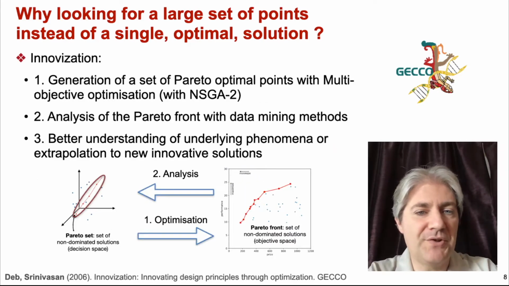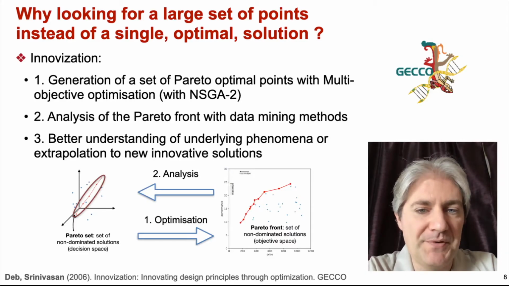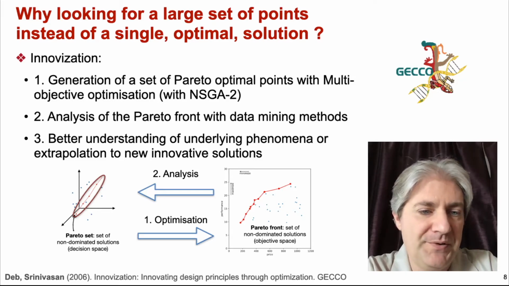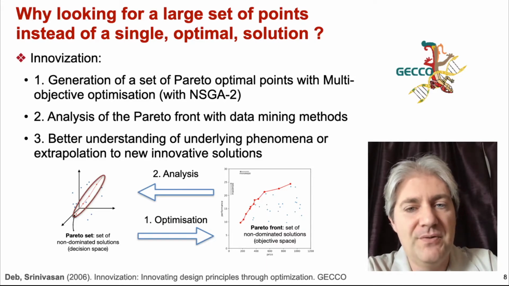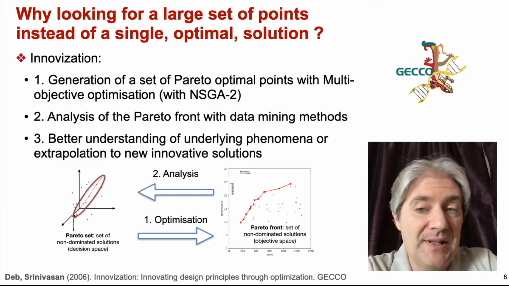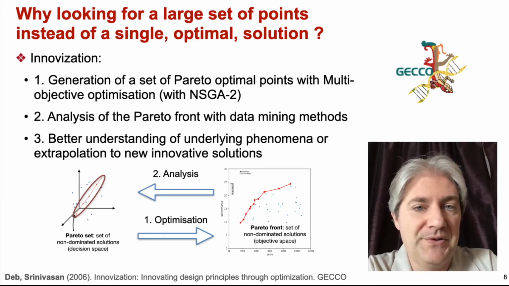A second motivation, once you have this set of solutions, comes from what has been done in the multi-objective field. In multi-objective optimization, an approach called innovization has been proposed by Deb and Srinivasan. The idea is to generate a set of points, the Pareto optimal solutions generated with a multi-objective approach, and then to analyze this set of points.